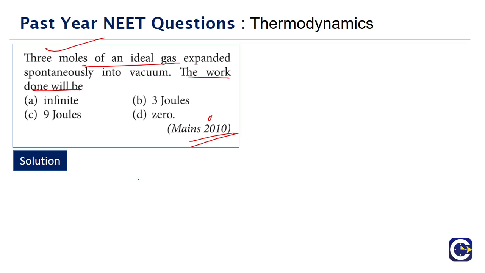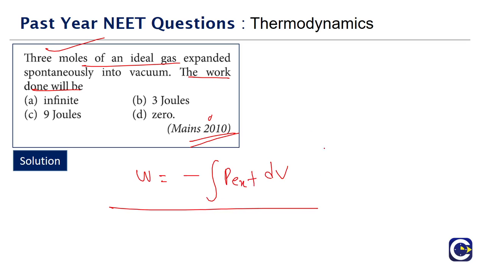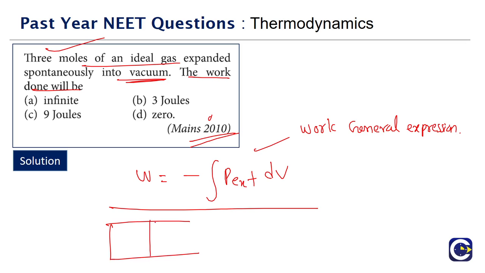Look, it's a theoretical question. Okay, so what is the work expression? The general expression is minus integral P external dV. This is the general work expression. Any process we can use it. Now, for expanding in vacuum, just think about a system like this: here we have gas in a movable piston, outside is vacuum. So what is the value of P external?